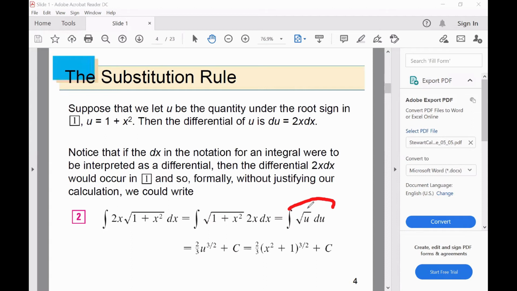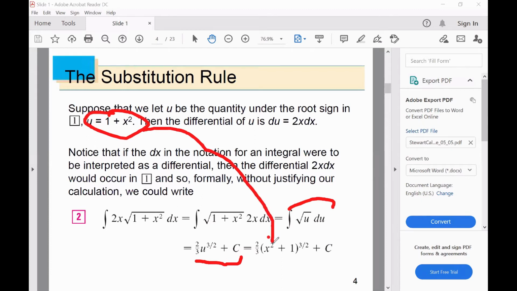However, u to the half, its indefinite integral is equal to 2 over 3 u to the 3 over 2 plus c. Finally, in the last step, we go back to our old variable, that means to x. Instead of u, you put 1 plus x squared as it was defined at the start.